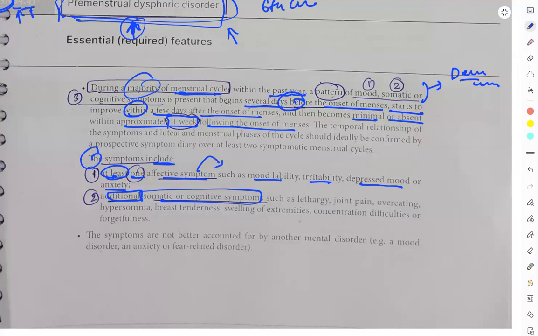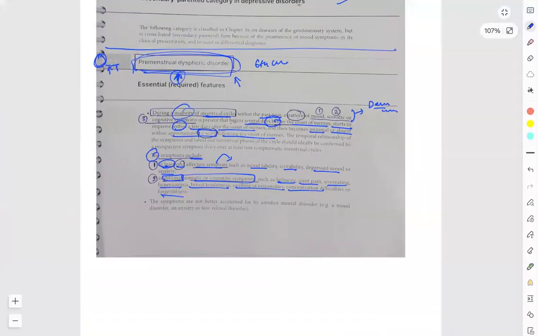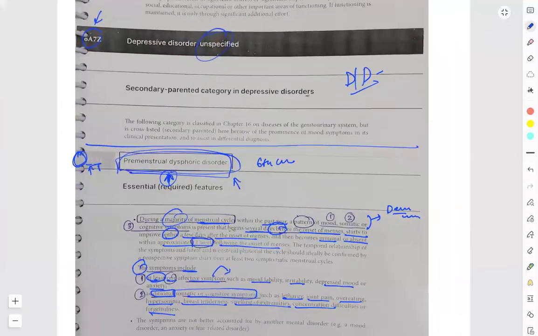Somatic symptoms, for example, joint pain, breast tenderness, swelling of extremities. Cognitive, for example, concentration difficulties, forgetfulness, or even hypersomnia and lethargy or overeating might be present in these patients. So that is about premenstrual dysphoric disorder.